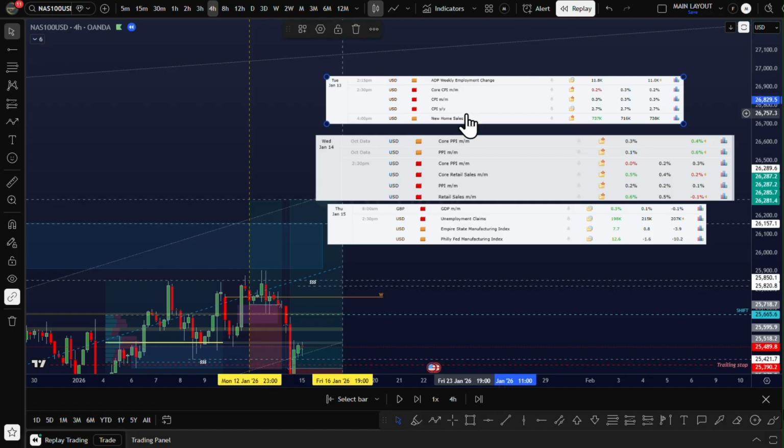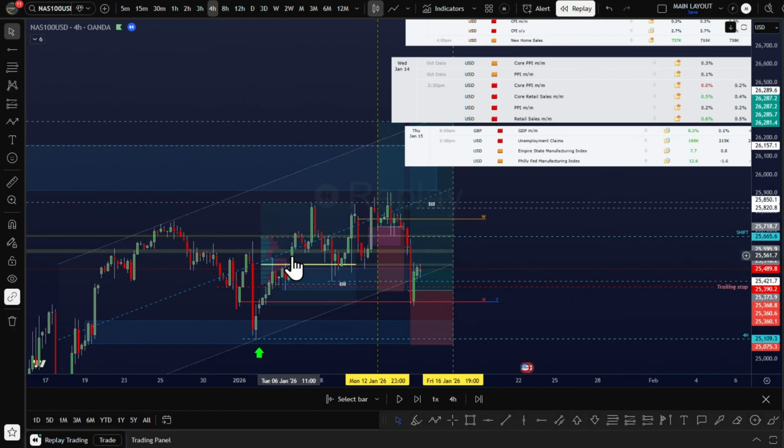You can see here we have the CPI, the core CPI, the CPI year on year, which came out neutral. Same with the CPI month on month. The core CPI came out a little bit softer, lower than expected. Remember, instruments like indices, S&P, Nasdaq, like lower inflation because lower inflation is good for businesses.